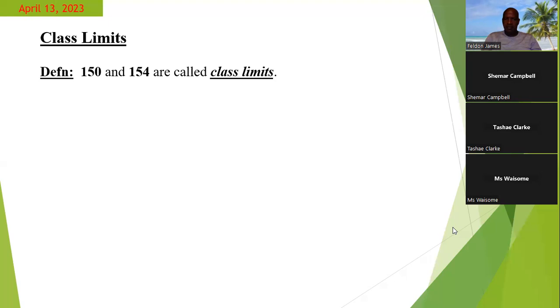And we looked at how we calculate the upper boundary for a class: the upper boundary would be the upper limit of that specific class added to the lower limit of the following class, divided by 2. And then we looked at the lower boundary, which would be the lower limit of that specific class added to the previous upper limit, divided by 2.